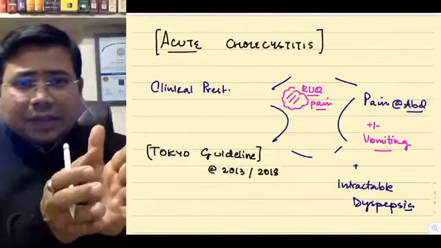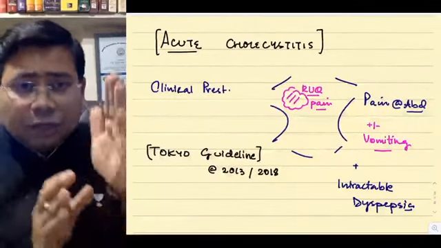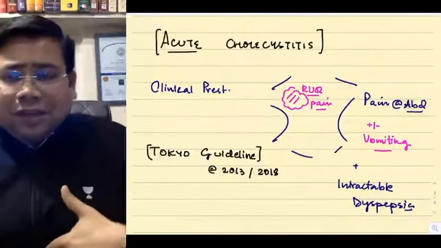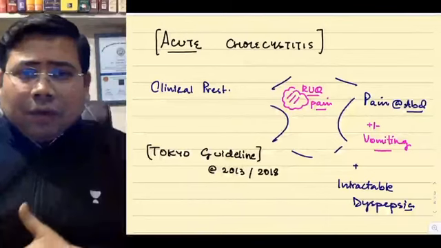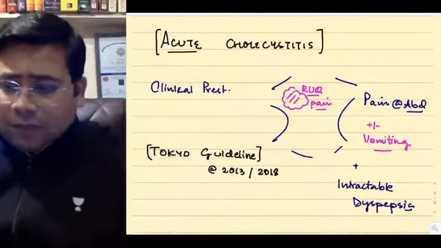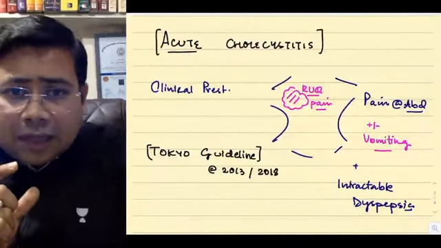So what is cholecystitis? How to manage it? What is the diagnostic criteria? We don't have to rush for features like tenderness on palpation here and there. We have a set principle of management. Let us talk about the diagnostic criteria.